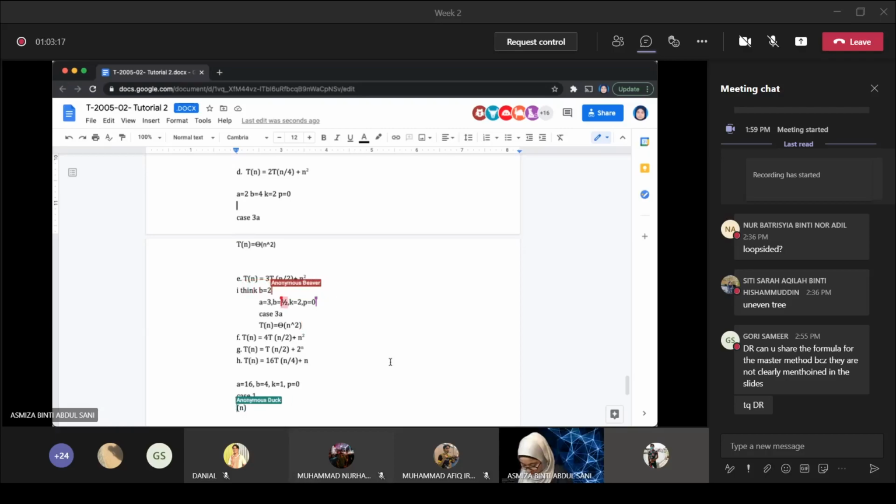B is 2. Not 1/2. It's the bottom term. If you look at the recurrence form, the B would be the n over B.